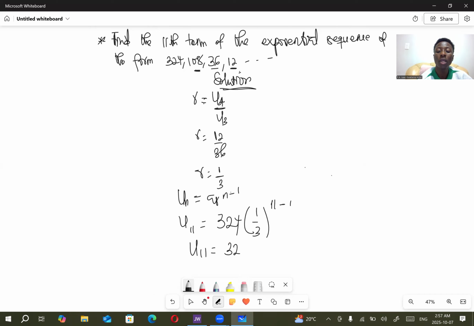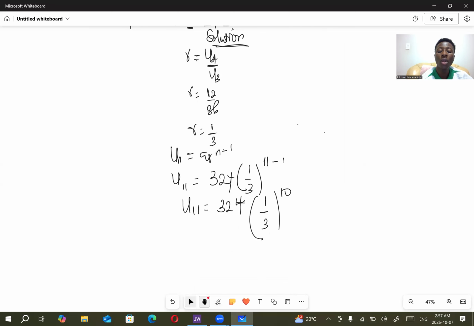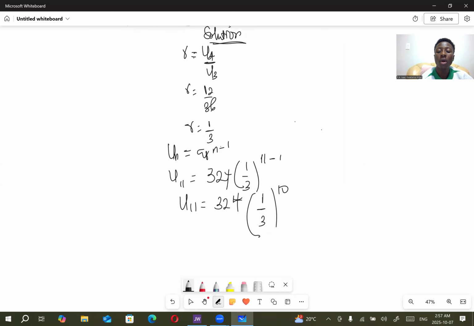I want to say something here. Everybody freeze. When you have a fraction in a bracket and it has a power, the power affects the numerator of the fraction and the denominator. It affects both of them.